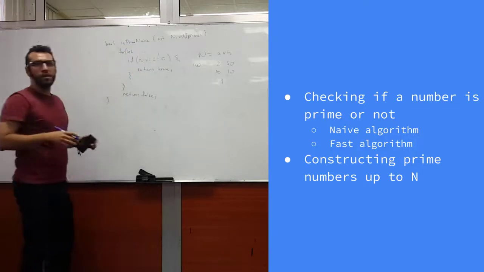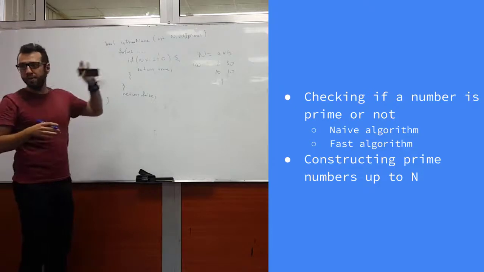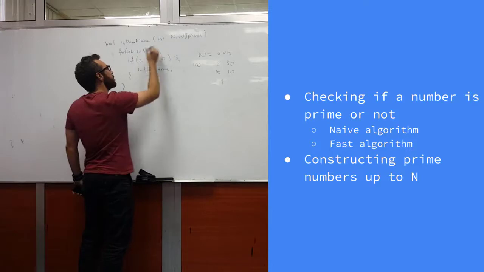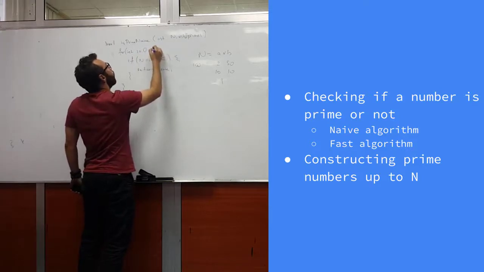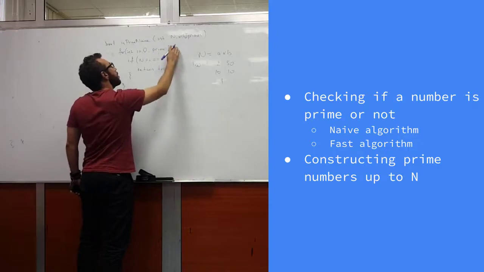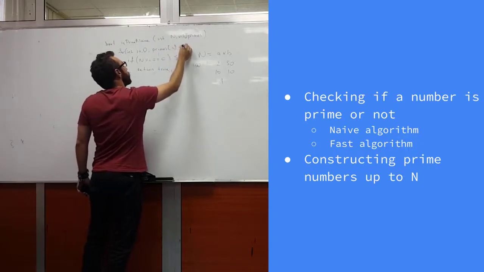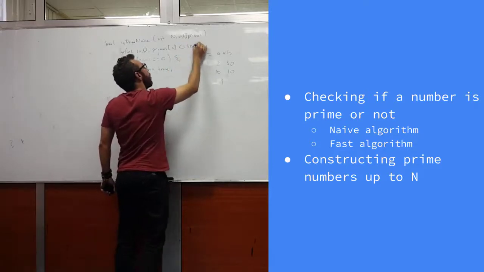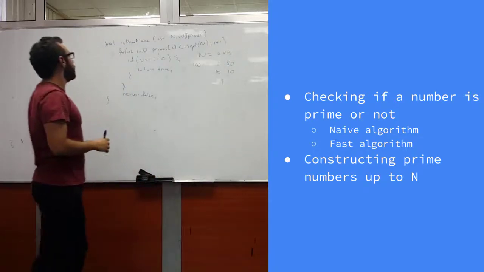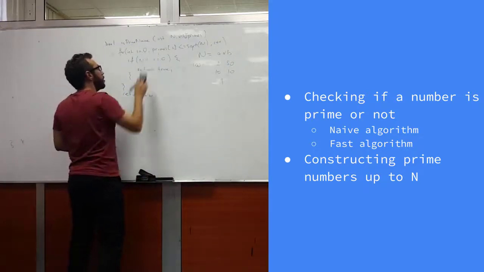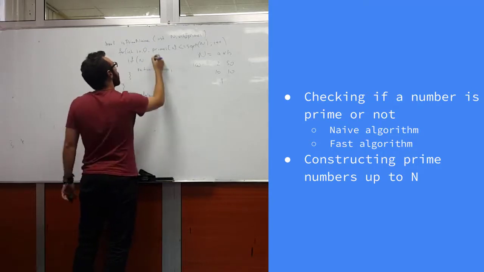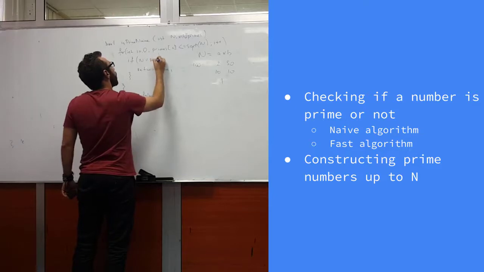Assuming all the primes are listed in a sorted order in the primes array, we can start from 0, and as long as primes[i] is less than or equal to square root of n, we can keep going. And this time we are not going to check the modulo against i, we are going to check it against primes[i].